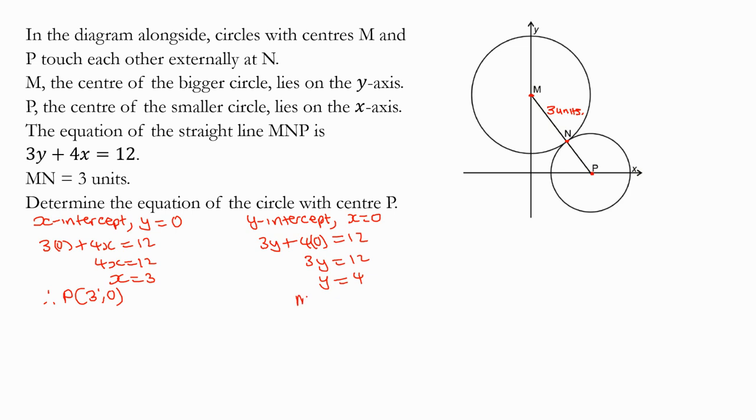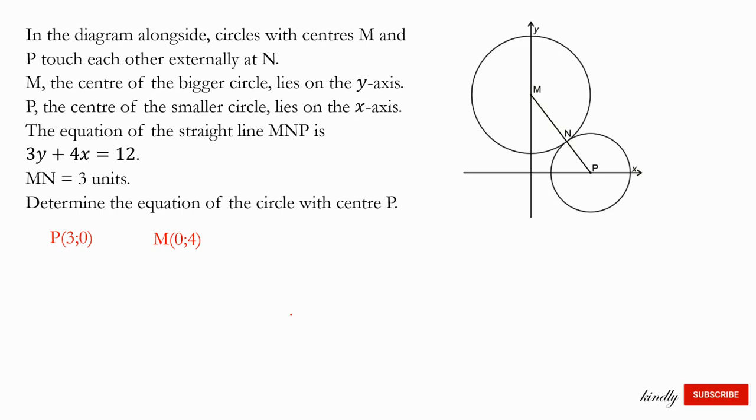So the coordinates of M are (0, 4). So now we have the coordinates of M and P. So we can find the length of MP, and then from there we can find the length of NP, which is the radius of the smaller circle. Let's just do that now.